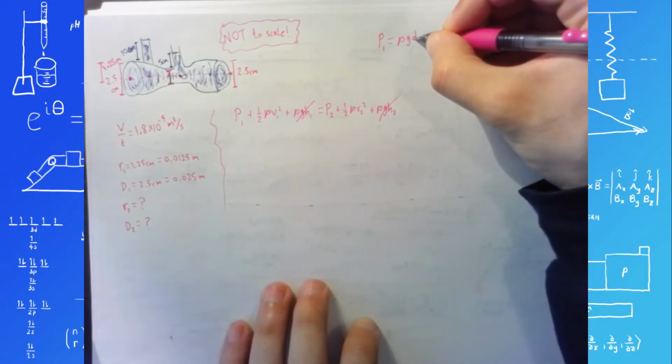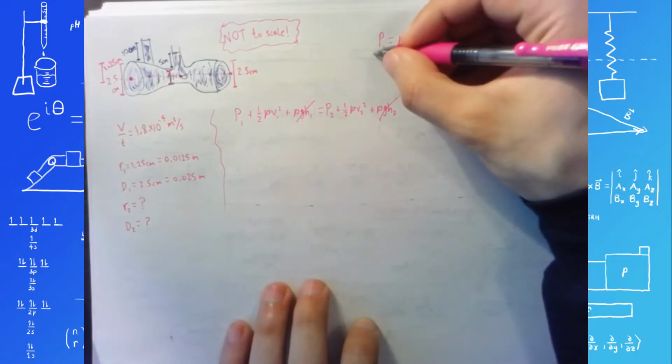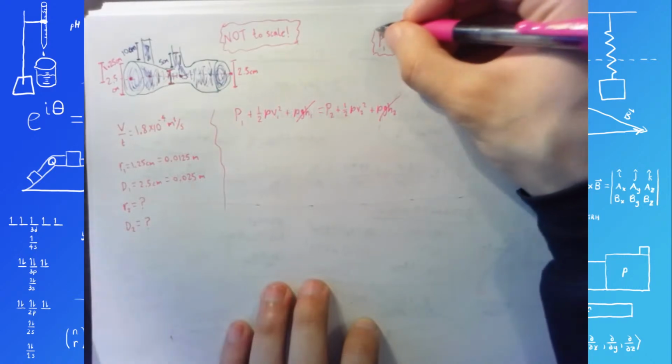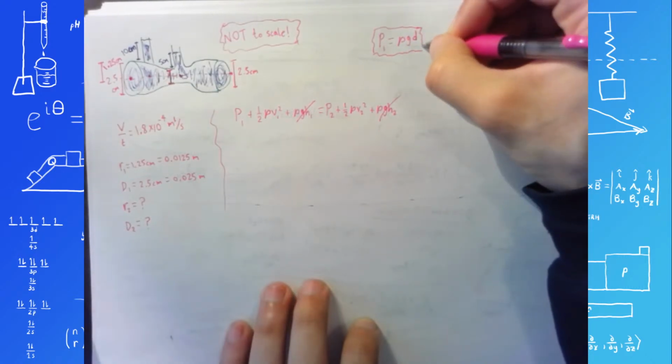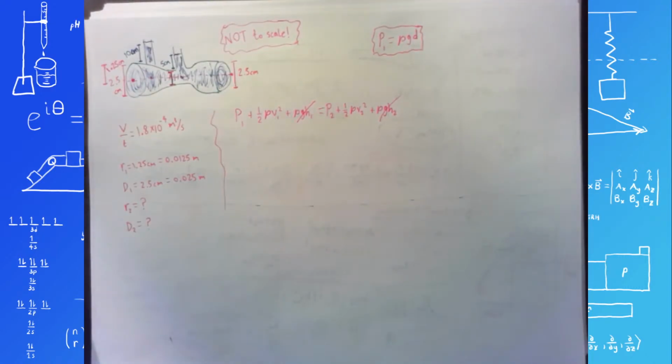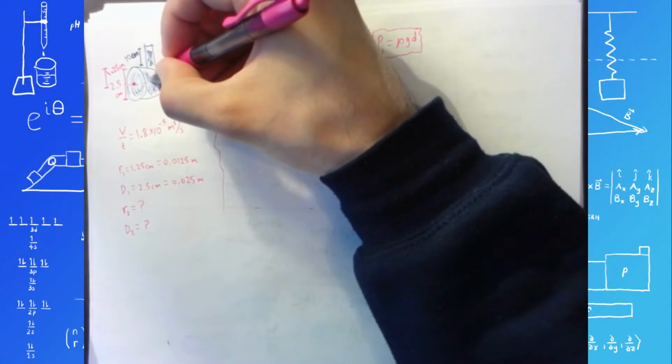I'll call it D this time to not confuse it with H, using the equation from the previous stream for pressure at a depth. Rho times g times the depth gives me the fluid pressure at this point.